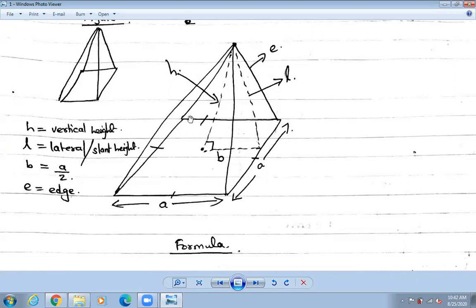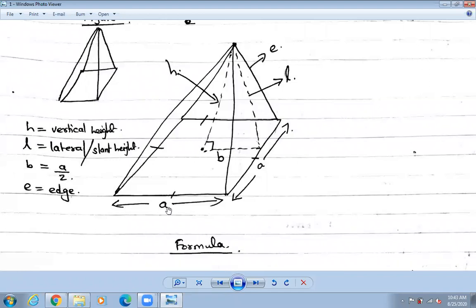Now after that, this one is a square. In a square, all sides are equal. That's why these 4 dashes are made, to show that all sides are equal to each other. And this is called A. That means this is the base length.